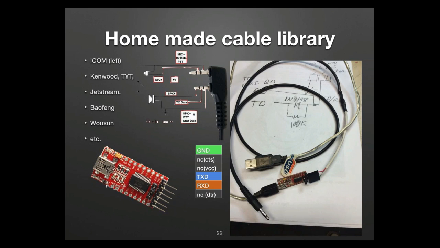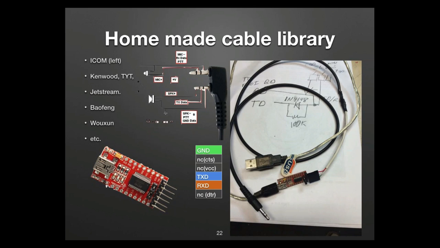The ICOM CIV port you actually plug into the speaker port on some of those ICOM radios. This picture shows my FTDI board with the cable that I made to go to an ICOM radio.